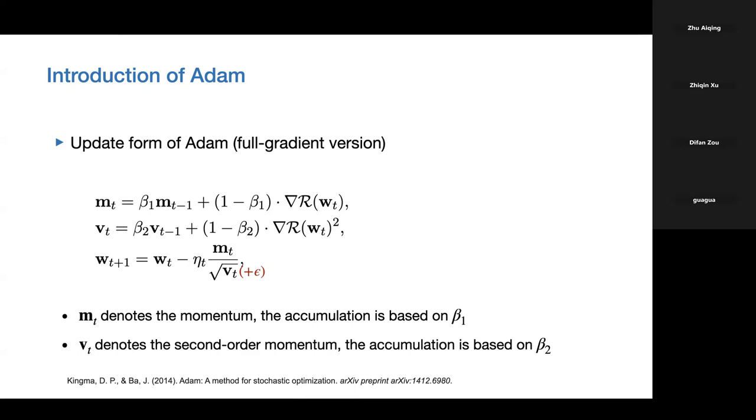In many cases, people also add a small quantity called epsilon in the denominator to avoid instability. Beta 1 and beta 2 are parameters people use in practice. In our theorem, we assume beta 1 and beta 2 are constants. In practice, people use 0.9 for beta 1, and 0.95 or 0.99 for beta 2.